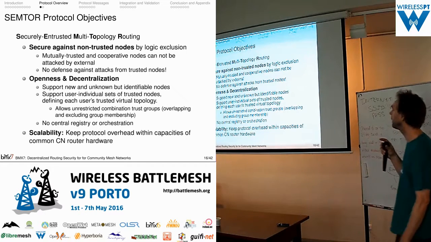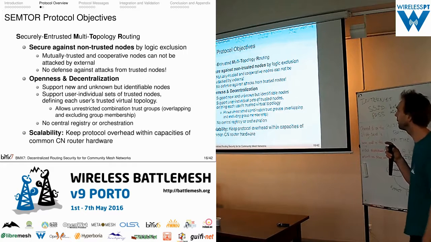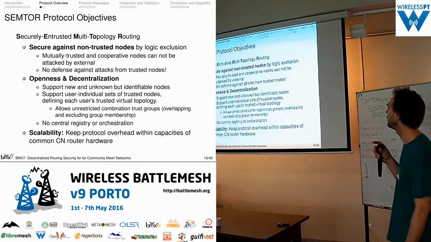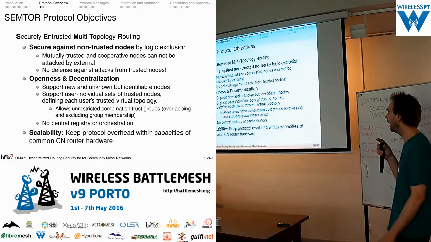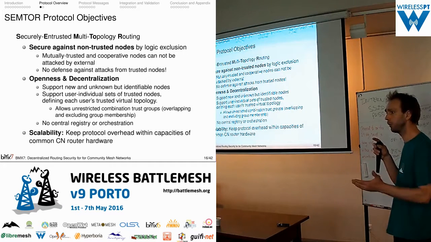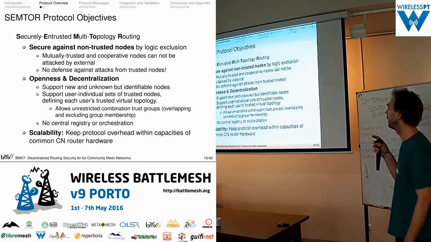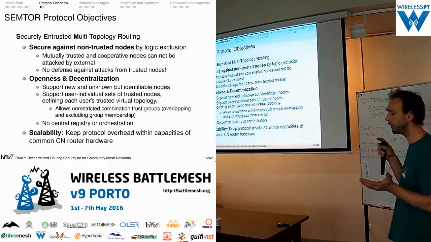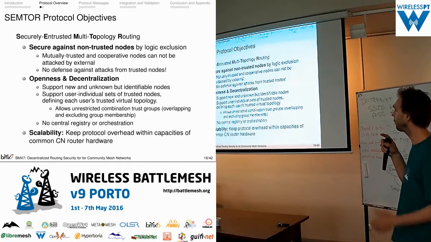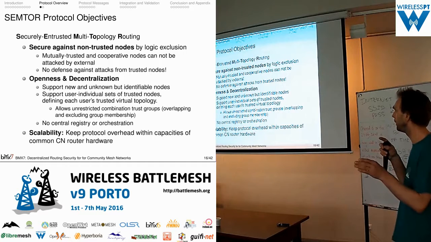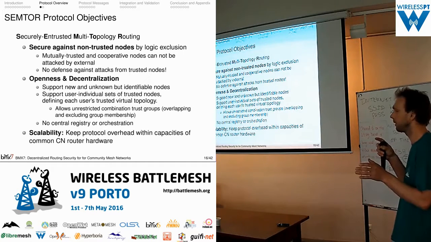And regarding openness and decentralization, the objective is that new nodes, even if they are unknown, are generally supported according to their trust decisions. That the trust decisions of them define their own virtual topology, and that you can have unrestricted combinations of these trust sets, and these virtual topologies can be overlapping.